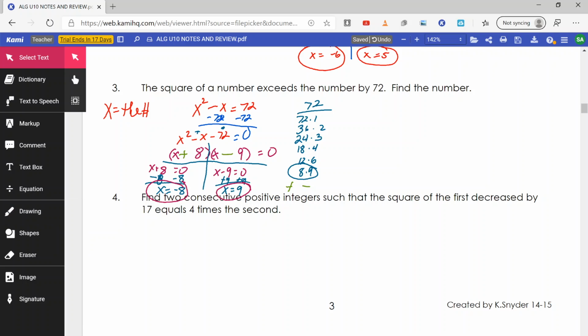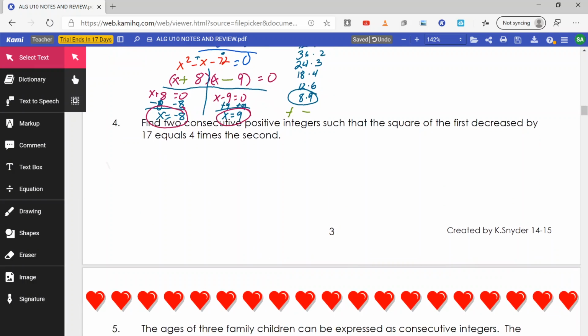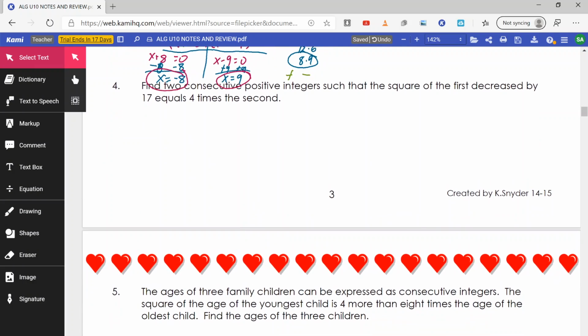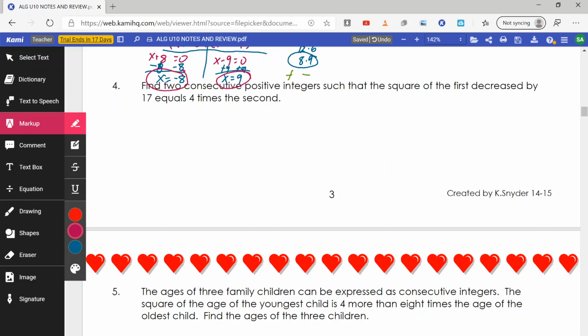Number 4 is a little more wordy. Two consecutive positive integers such that the square of the first decreased by 17 equals 4 times the second. So this one, I suggest marking up. We got two consecutive positive integers.